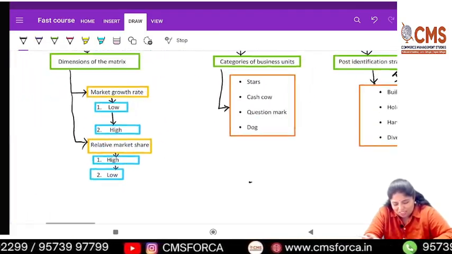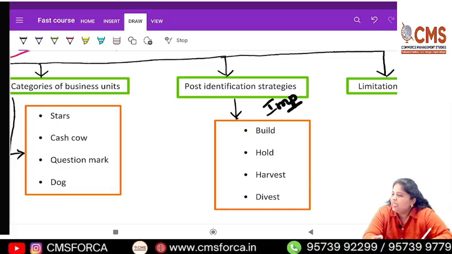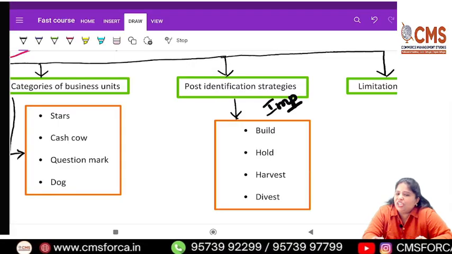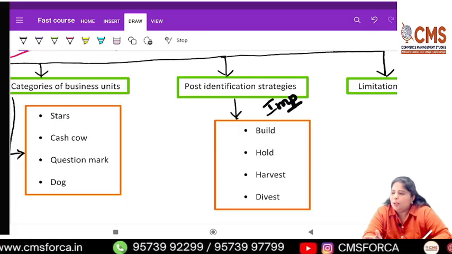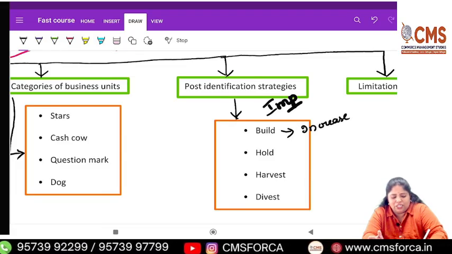Now let's talk about a very important one. I marked it here. It's very important for your exam. Post-identification strategies. Building means you try to increase the market share.